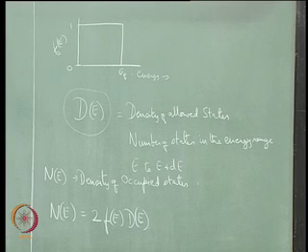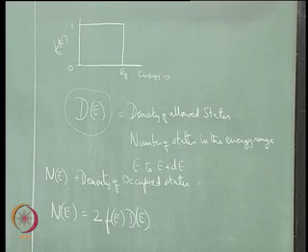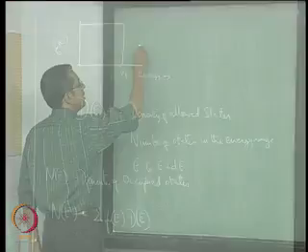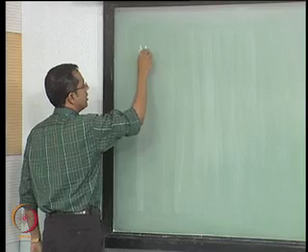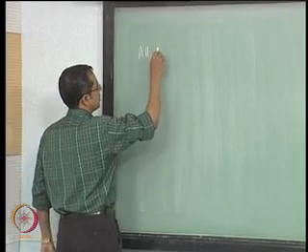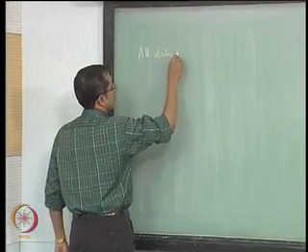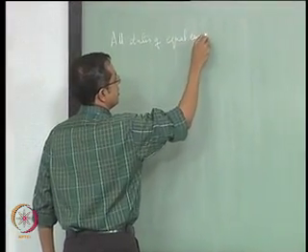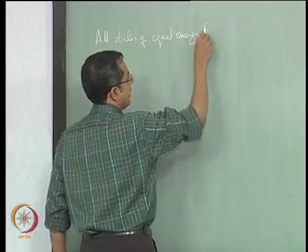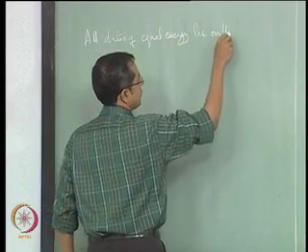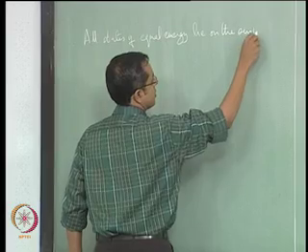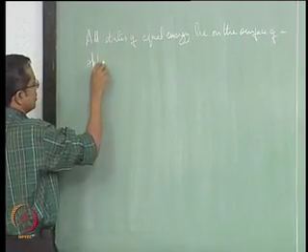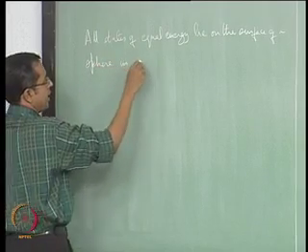So now the first approach we will take is that we wrote this, we noticed that basically all states of equal energy lie on the surface of a sphere in n space.